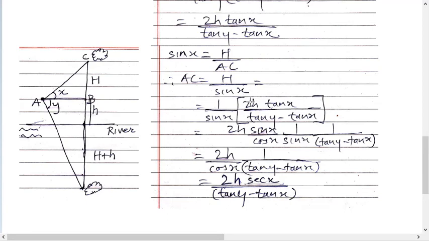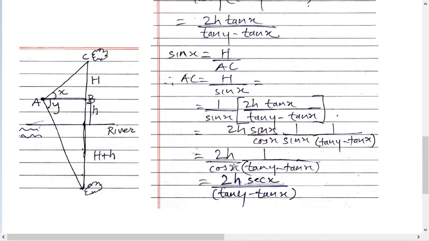So solve it now. 2h, now what is tan x? Sin x upon cos x. Sin x upon cos x upon sin x, this sin x goes down, into 1 upon tan y minus tan x. So sin x is gone. 2h upon cos x into tan y minus tan x. Getting this point?